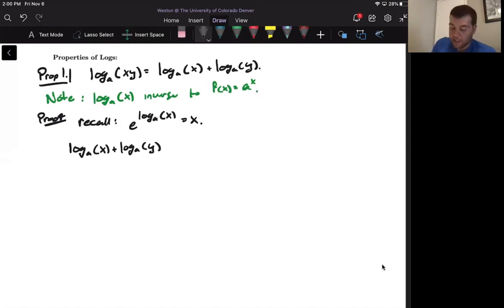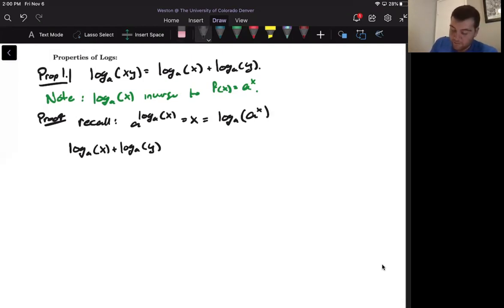We are going to change it at first. I should amend what I said right above as well. This is also the same as log a of a to the x. So the one on the right is the identity we're going to use.